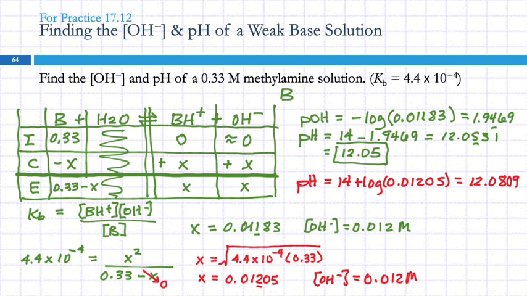Did I do that right? Yeah. So I get 12.08. I thought they were closer together yesterday, but did I mess up something?